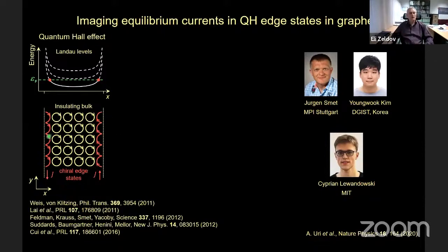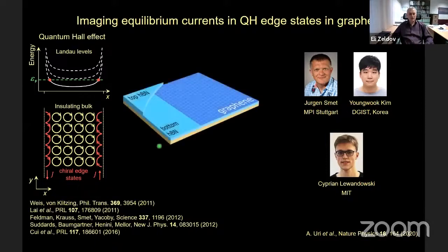So far there was no direct way to image the actual currents that flow in these edge states. This is what we decided to do. So this is a graphene sample. This is an edge. It is encapsulated in boron nitride, schematically. And this is our SQUID on tip.